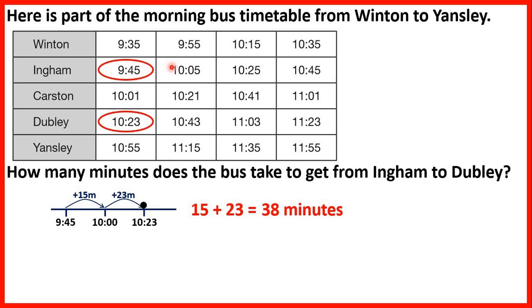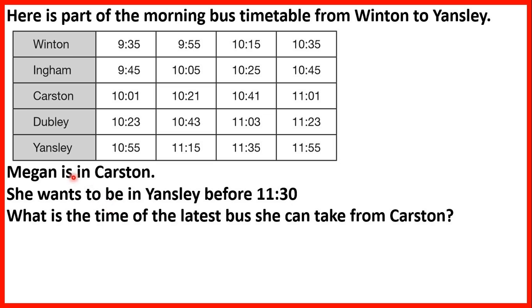And notice also, if it's 10:05 and we add 38 minutes, that takes us to 10:43. And perhaps it would have been easier for us to use this bus here, because we don't need to cross an hour boundary.